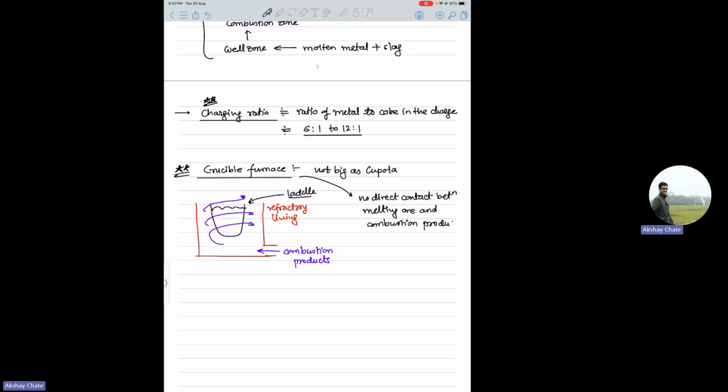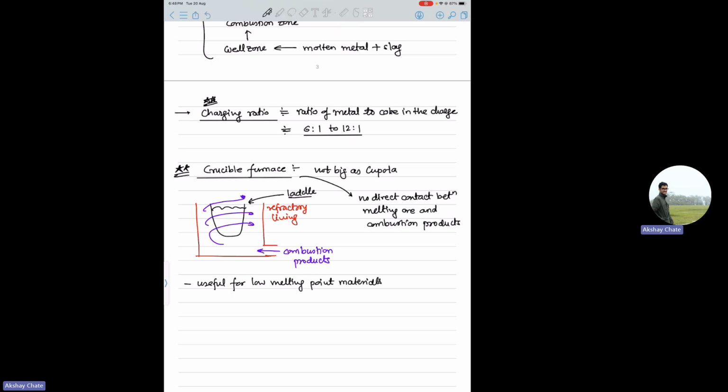Typically these are better for lower temperature melting alloys, so useful for low temperature or low melting point materials.